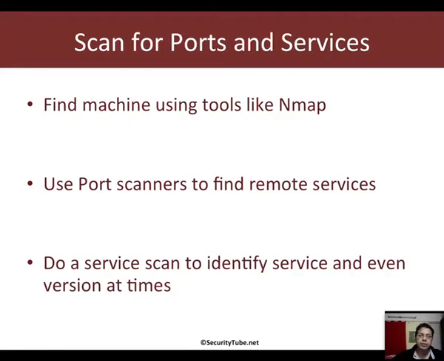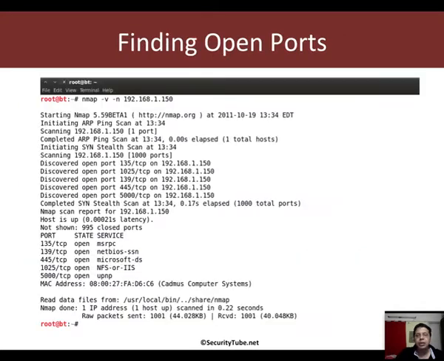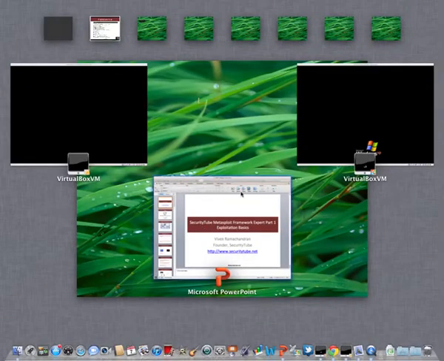So the very first step which we spoke about was to scan the IP address, find the ports and services, right? You would use tools like Nmap to do that. So let's go ahead and do this. Now, I have my Backtrack machine, which is the attacker, and the Windows XP machine, which is the victim.